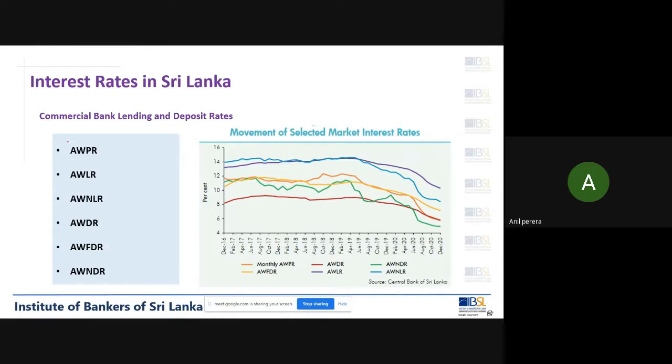I think I requested you to look at the annual report last week and give me some definitions for these interest rates. I hope you were able to do it. Can you voice your answer so we can all hear it and learn from your knowledge? So what is AWPR? Does someone want to give the definition?